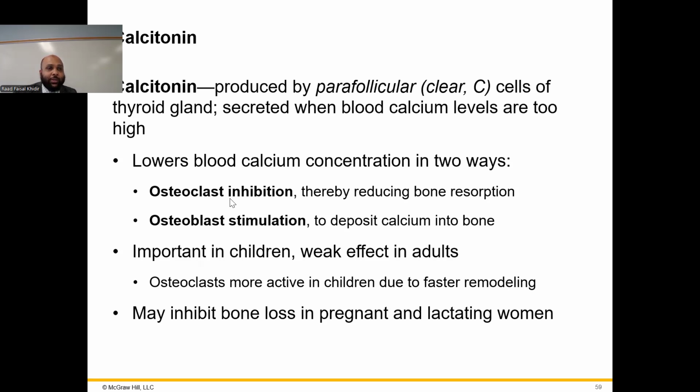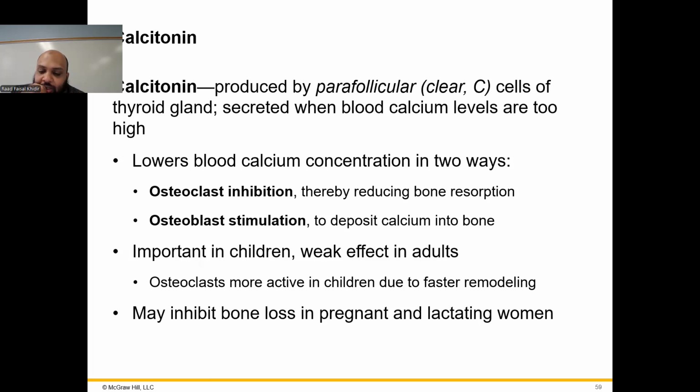They inhibit osteoclasts, because imagine you already have too much calcium and the osteoclasts are working, degrading the bone tissue, and thereby reducing the bone resorption. Or by osteoblast stimulation, they stimulate a deposition effect of the calcium into the bone.